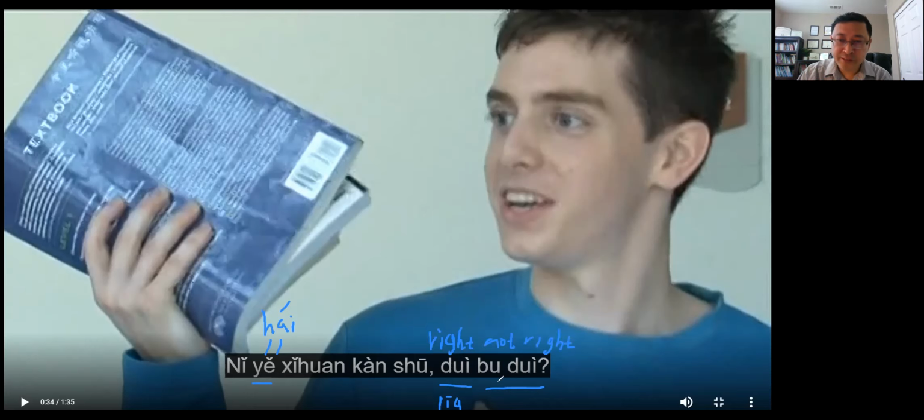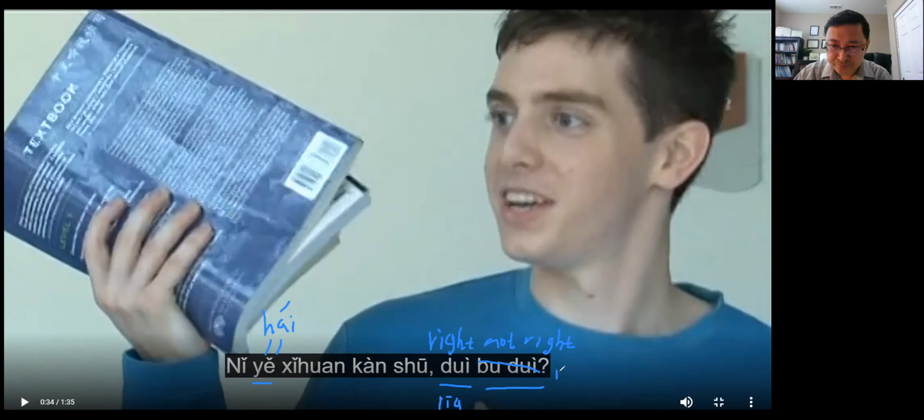This is one example of the affirmative-negative question structure, which is equivalent to the question structure ma we have learned. So you can transform this structure to the ma structure by deleting the negative form of right and putting ma after it.